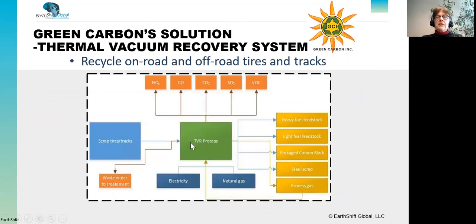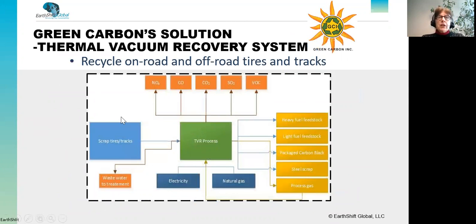This process gas is actually a fairly high energy gas that they then burn to complete the process. So the process is definitely heated. It's kicked off with natural gas, and then they use that process gas to keep it going.